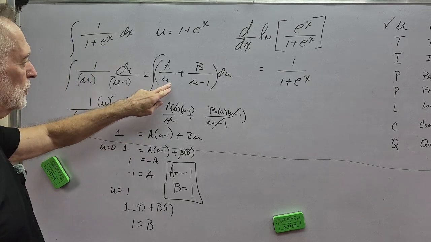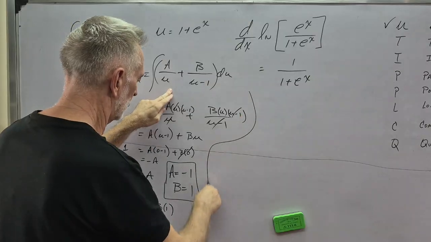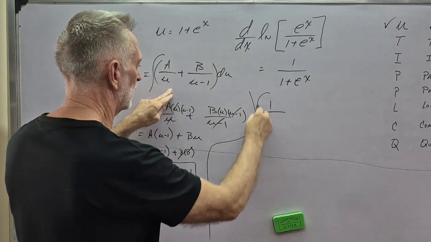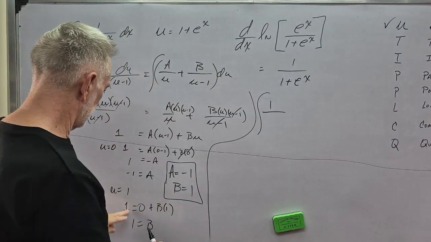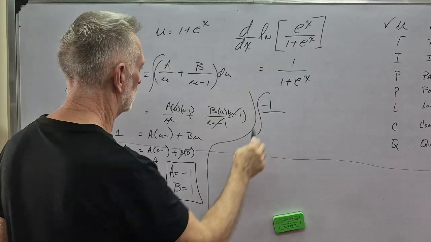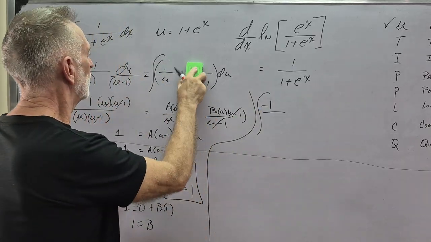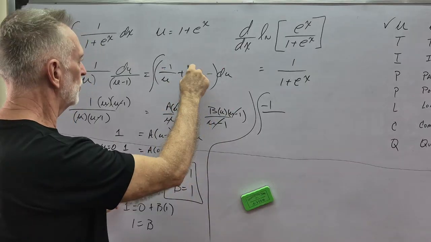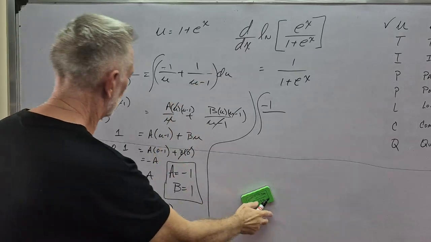Now I can go back to this. I have to run out of room here. So now I have the integral of negative 1, which is a, over u, plus 1 over u minus 1.